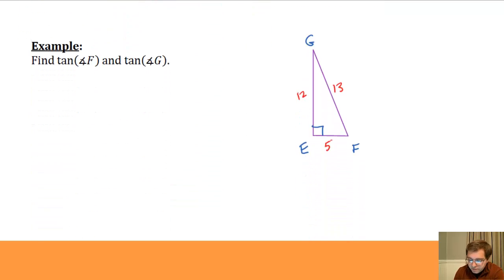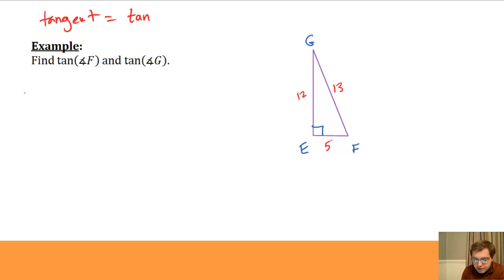So for example, I've got a right triangle here with legs 5 and 12 and hypotenuse 13. I'm asked to find the tangent of angle F and the tangent of angle G. So tangent, notice, is often abbreviated TAN.